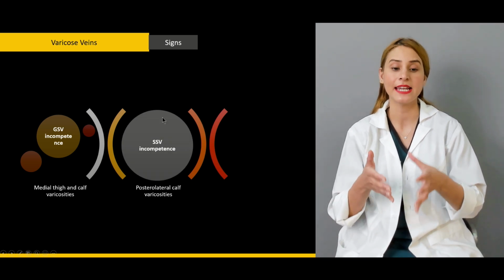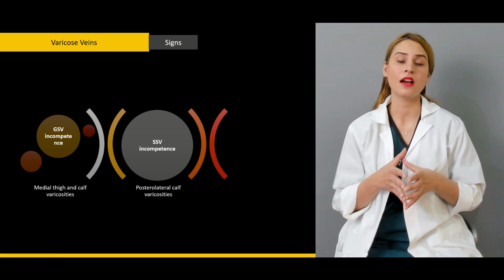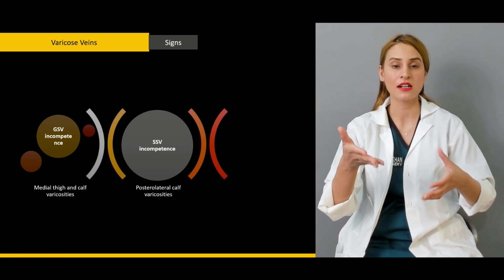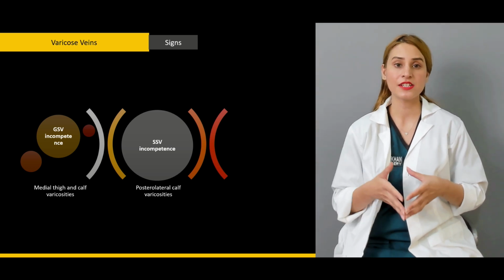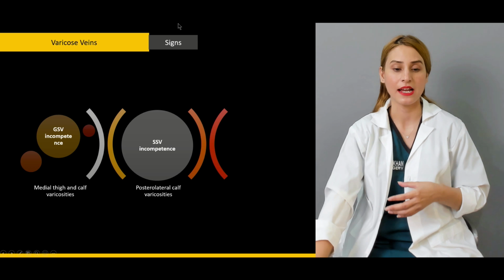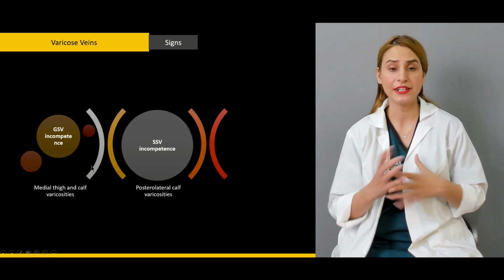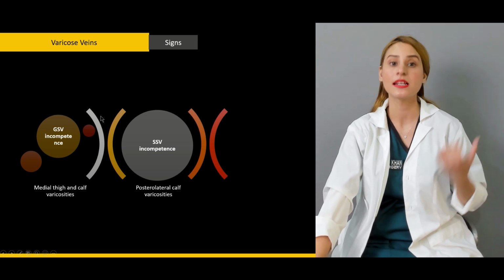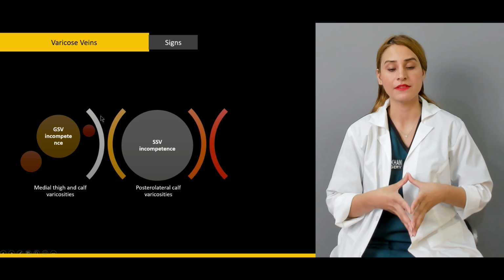We know that most of the time the distribution of the great saphenous vein is along the medial aspect of the thigh, and the small saphenous vein is on the lateral aspect. So if you have the varicosities on the medial aspect, most of the time there is great saphenous vein incompetence.